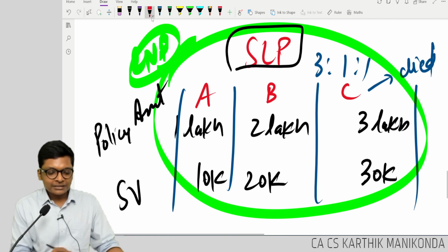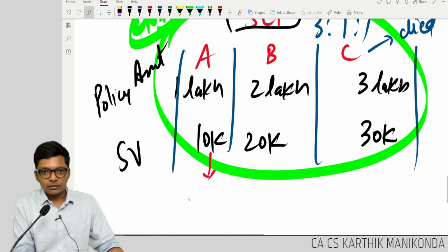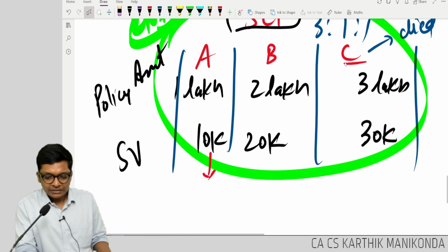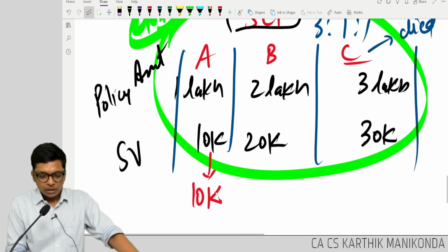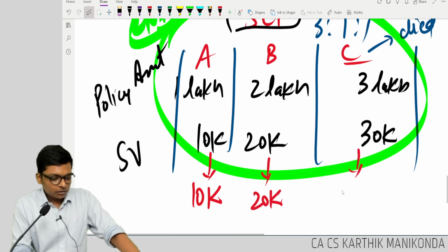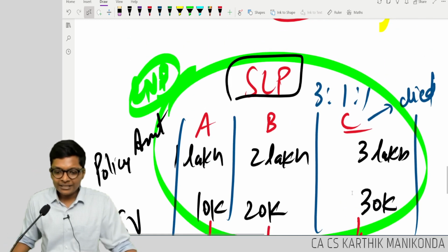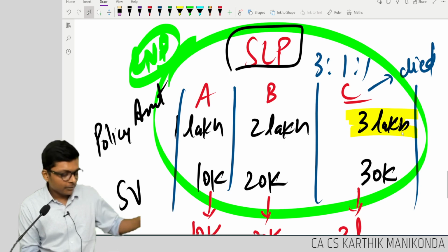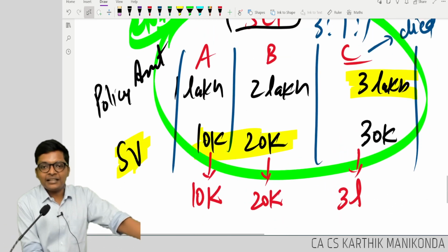So here, when all three policies come to an end, how much money will I get from A? See, all the policies won't pay out in full, but C has died, so here I will get 10,000 surrender value, here I will get 20,000, and here I will get 3 lakhs. Because C died, only for the partner who died will the policy amount be received. For others, I will take only the surrender value.